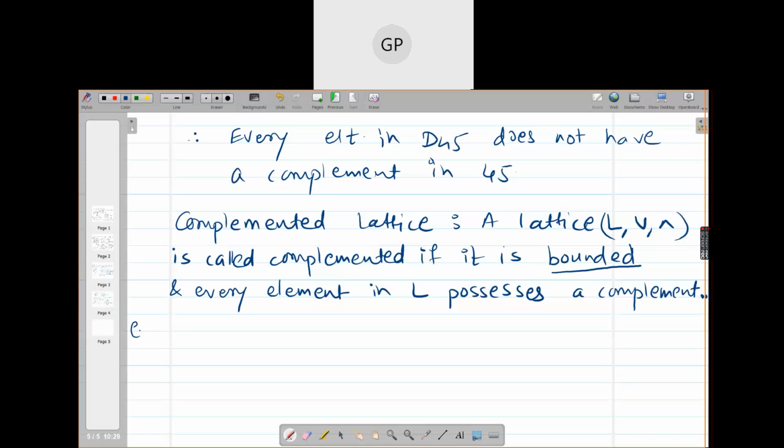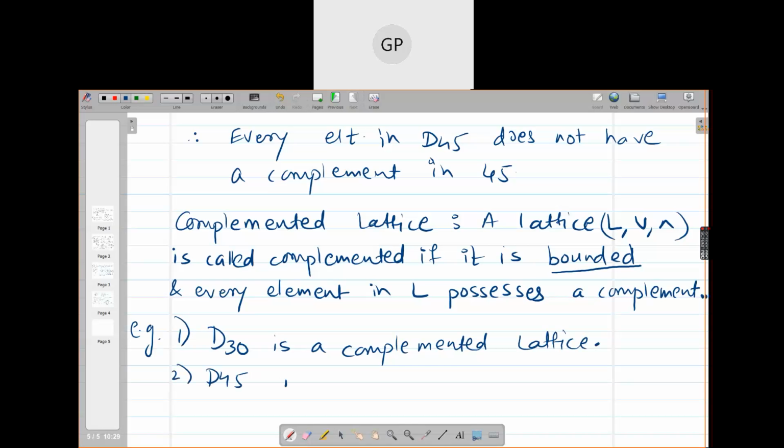So for example, we have seen D30 is a complemented lattice. D45 is not a complemented lattice. Okay, so let us stop here.